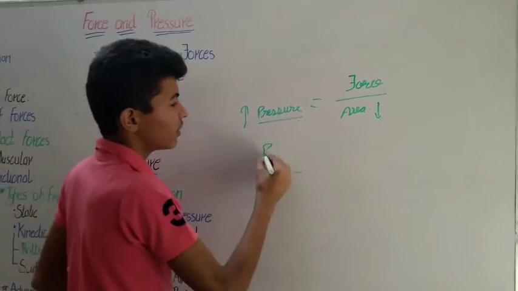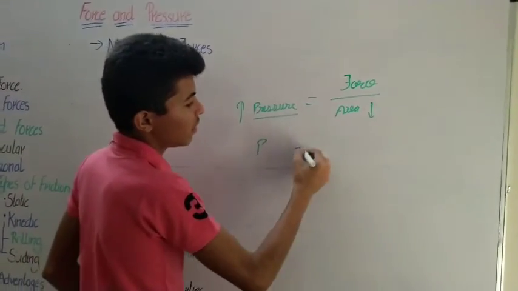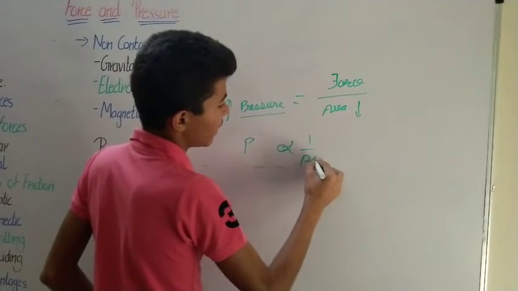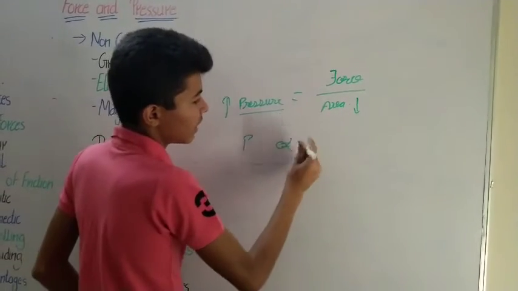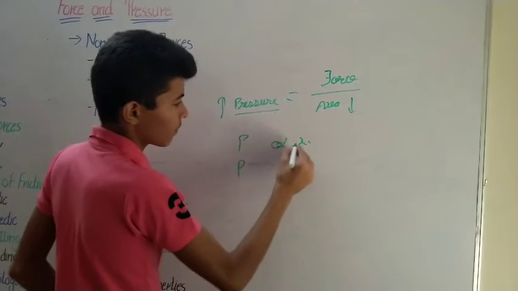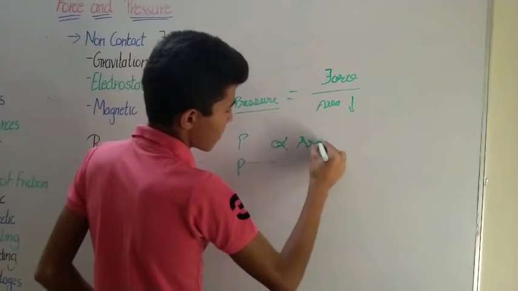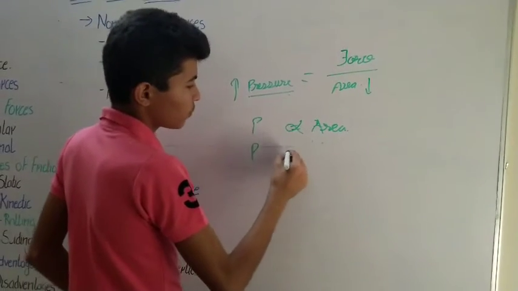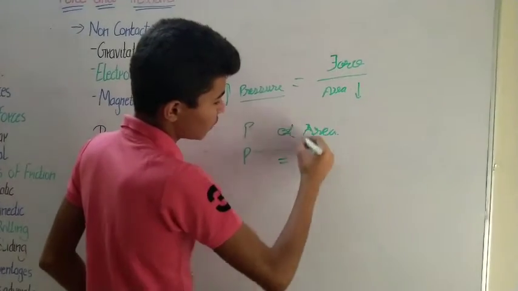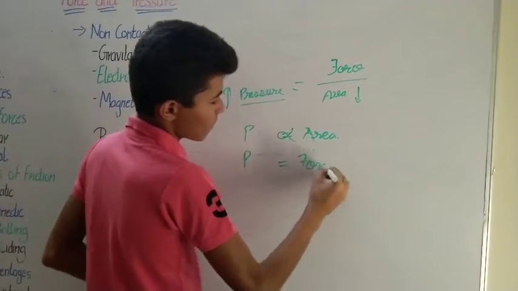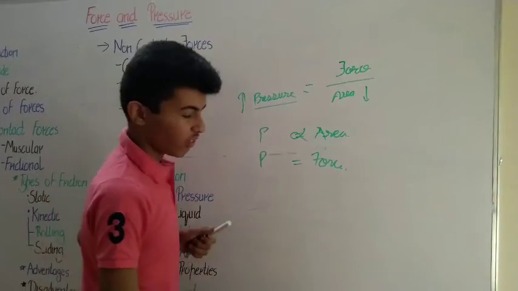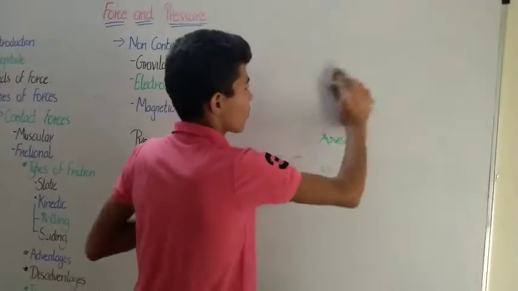We can see that pressure is inversely proportional to 1 by area, and directly proportional to force. So this is how the variation of force and pressure works.